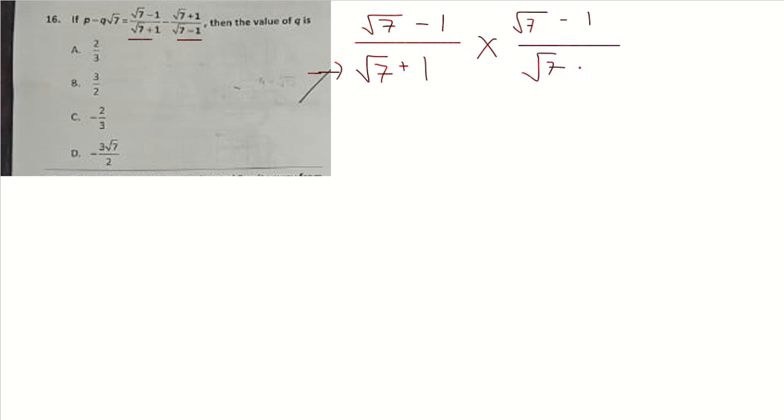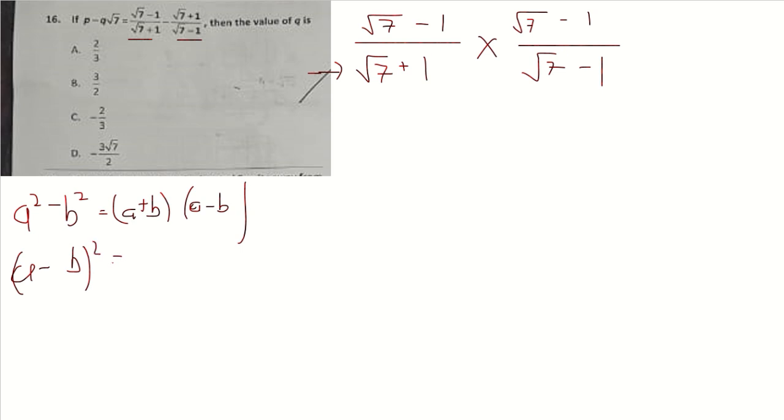So root 7 minus 1 upon root 7 minus 1. When we multiply this, we are using two identities here. A square minus b square is a plus b into a minus b, and then a minus b whole square is a square plus b square minus 2ab.